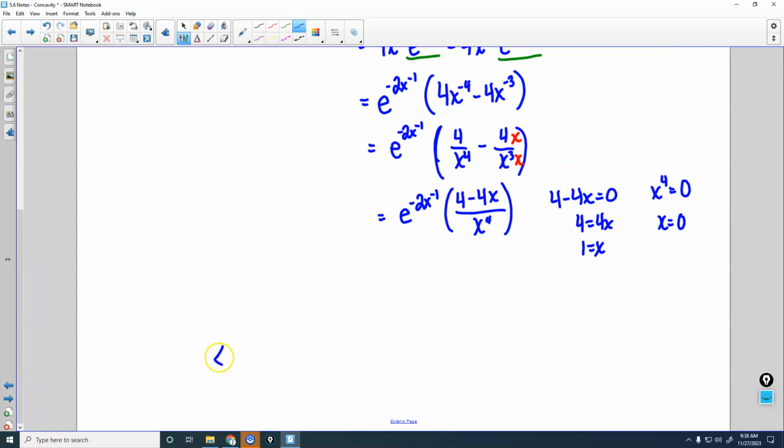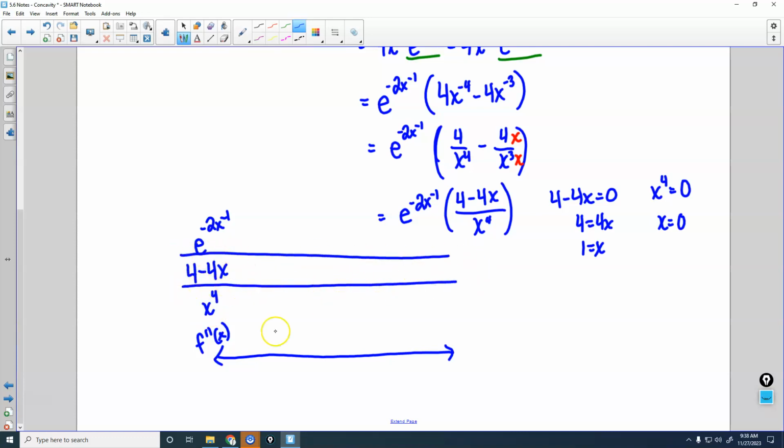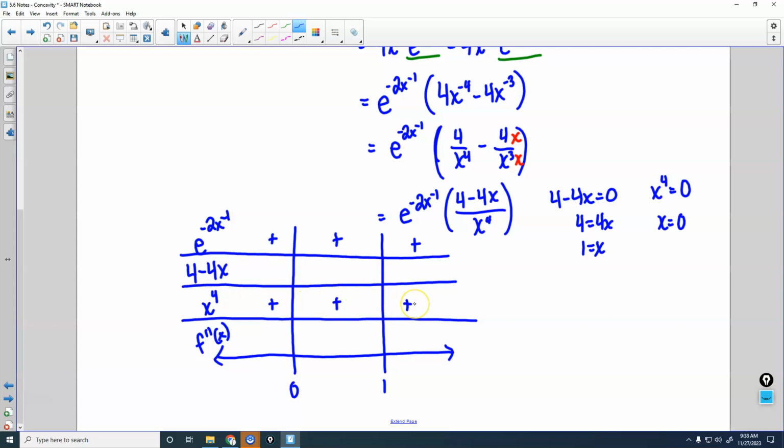So if we go to our chart, I'm going to put e^((-2x)^(-1)) on here, but it really does not affect my outcome very much. I'm also going to put x^4 on there, but it is not going to affect my outcome much. 0 here and 1 here. e to a power is positive all the way across. x^4 is positive all the way across.